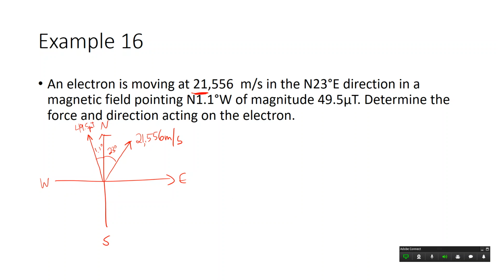Okay, perfect. So now I need to figure out two things. I need to figure out its direction, and I need to figure out its orientation. Who can tell me its direction? Remember cross product rules.